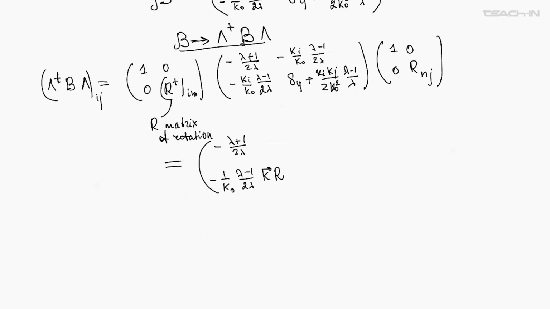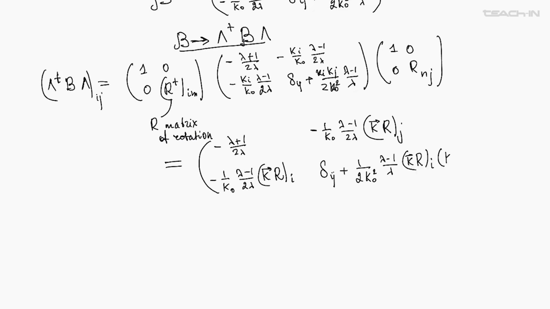Here minus 1 over k_0 times (lambda minus 1) over 2 lambda, kR_j. And finally, here is a 3 by 3 matrix, which has the following structure: kR_i, kR_j, like this, and the bracket is closed.